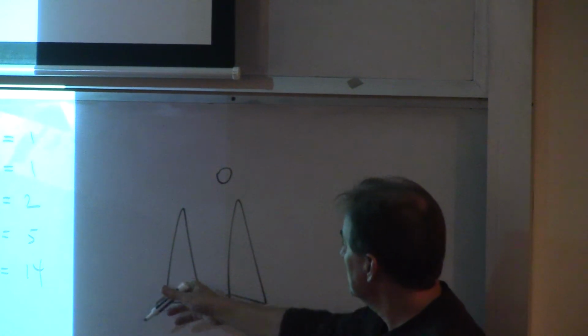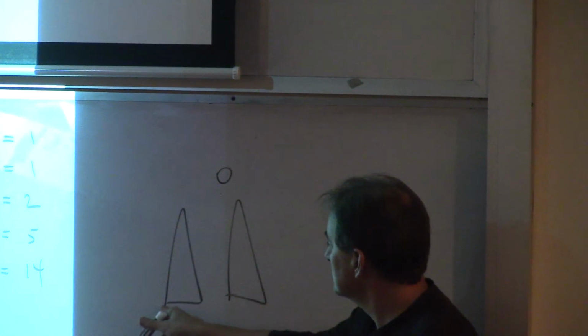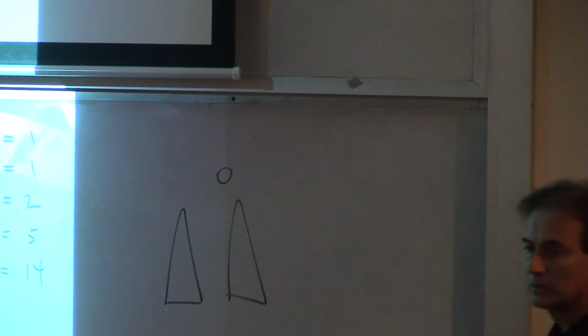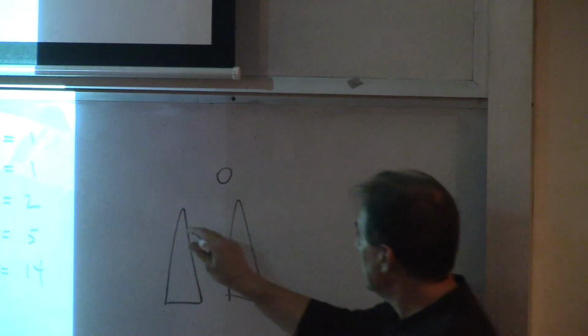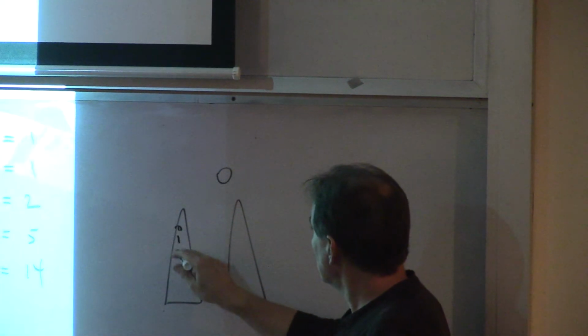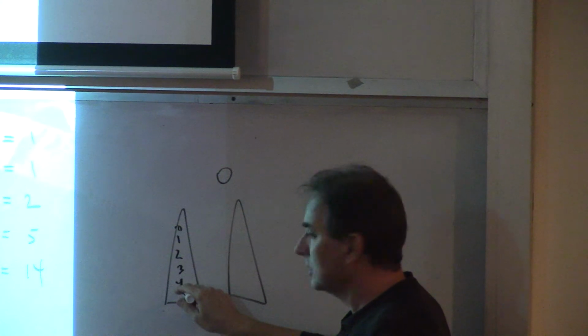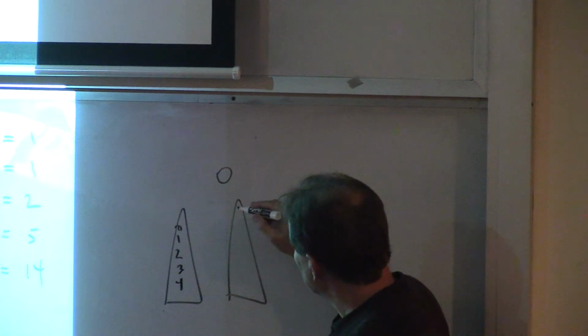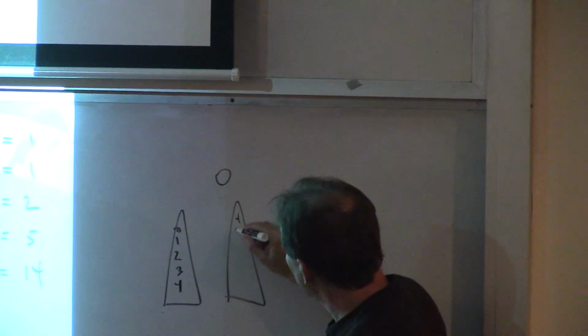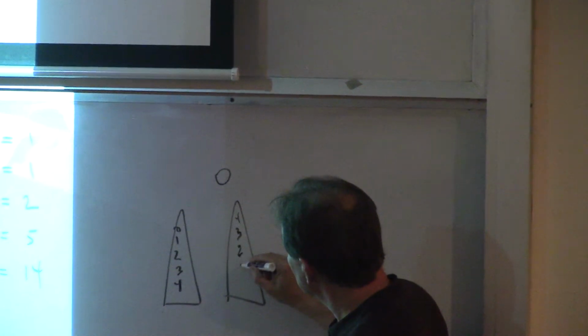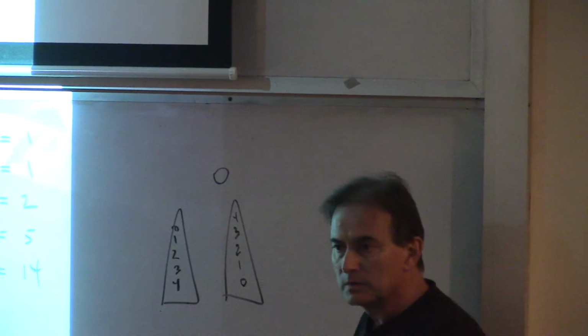If you add up these nodes and these nodes, how many nodes are going to be between the subtrees? 4. So we can have 0 here, or 1, or 2, or 3, or 4. If we have 0, we're going to have 4, 1 is 3, 2 is 2, 1 and 0.